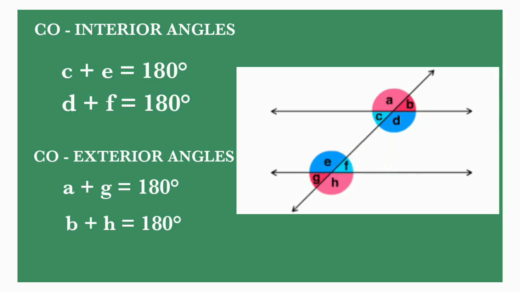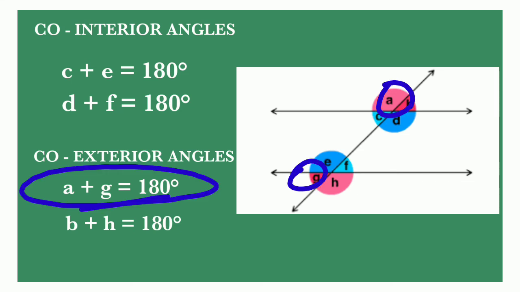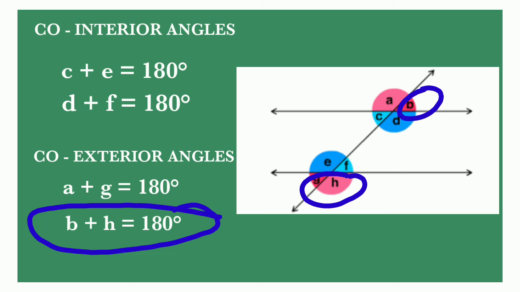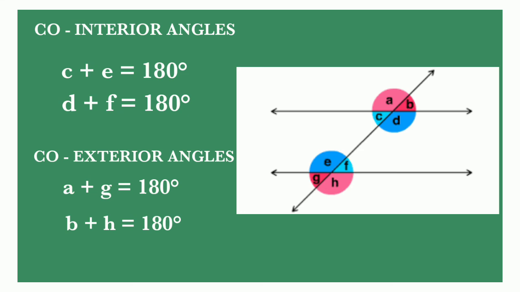In the same way, co-exterior angle A plus angle G equals 180 degrees, and angle B plus angle H equals 180 degrees. That means every time, the sum of co-interior angles and co-exterior angles is 180 degrees in the case of parallel lines cut by a transversal.